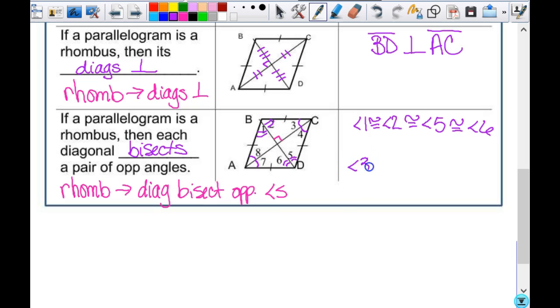And then angle 3 is congruent to angle 4, which is congruent to angle 7, which is congruent to angle 8. Everybody good with all that?